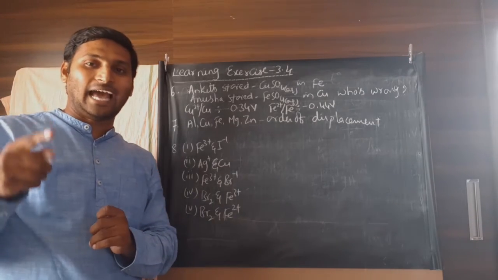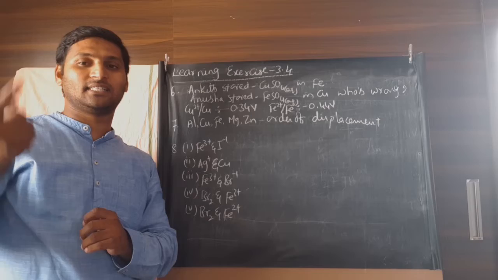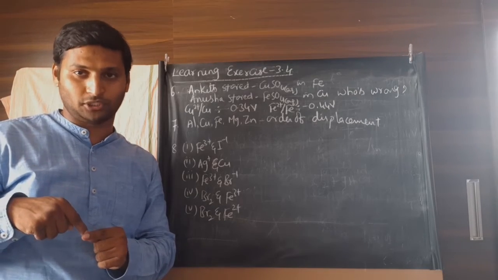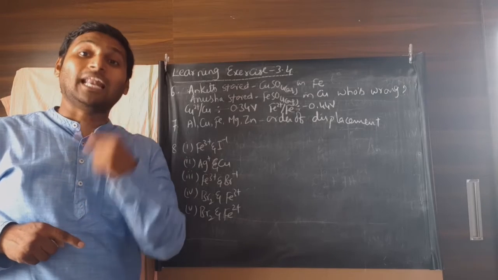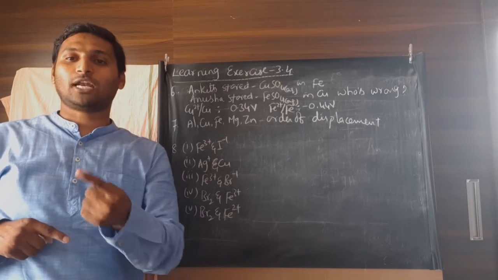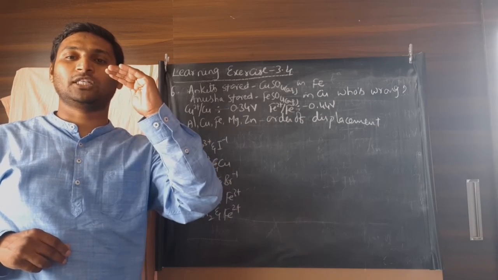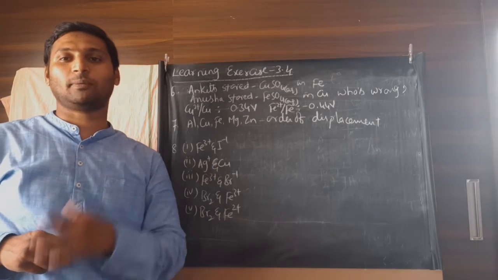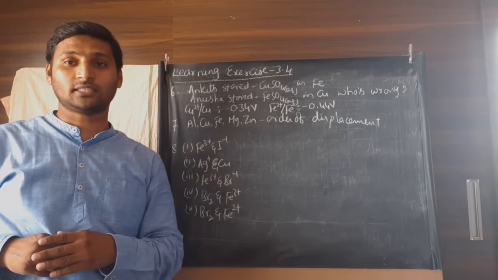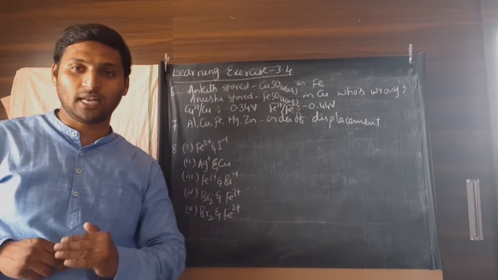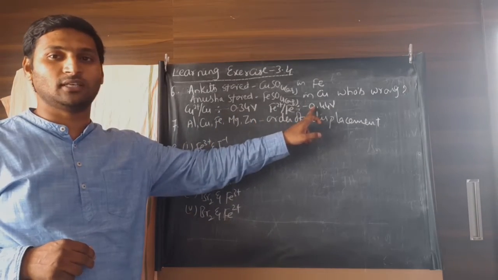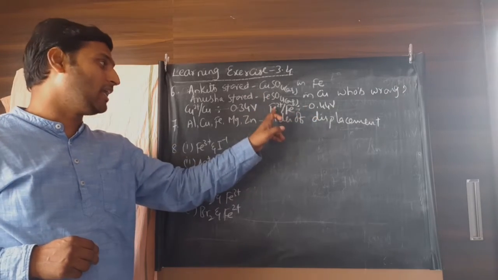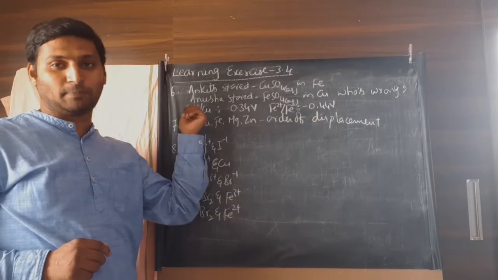For the metallic vessel to displace the metal ions present in the solution, the metallic vessel should be more reactive, more electropositive. To be more electropositive, its electrode potential should be less, because electropositive character means tendency to undergo oxidation, so its electrode potential must be less. Out of these two, who is having less electrode potential? Iron. So iron being more reactive can displace copper.